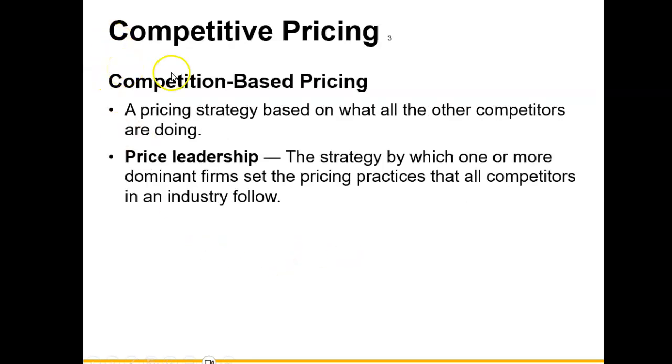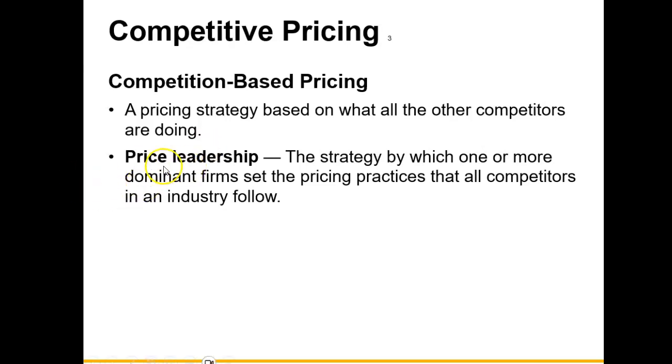With competition-based pricing, a pricing strategy based upon what all the other competitors are doing. So we'll look at the competitors in a certain market and then set a price based upon the average price of our competitors.